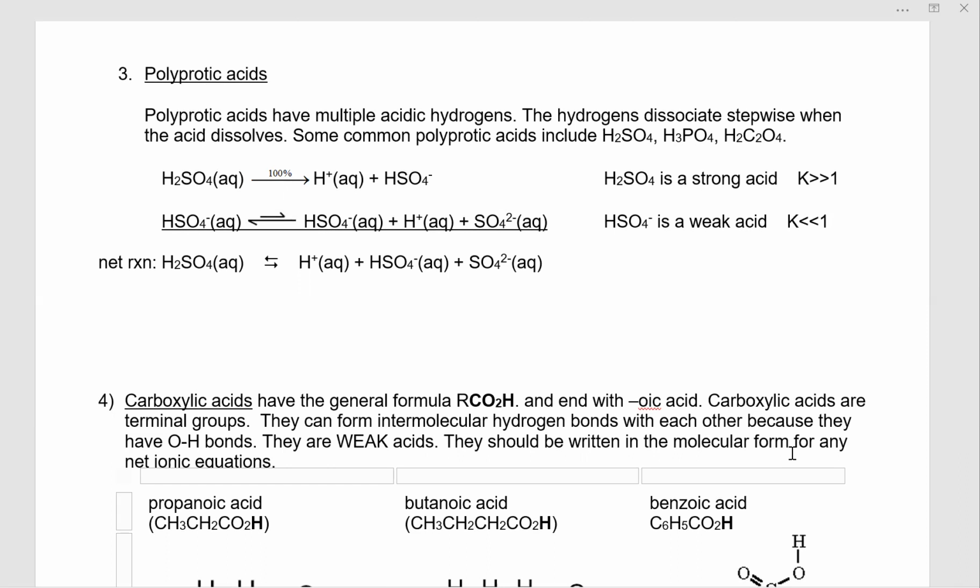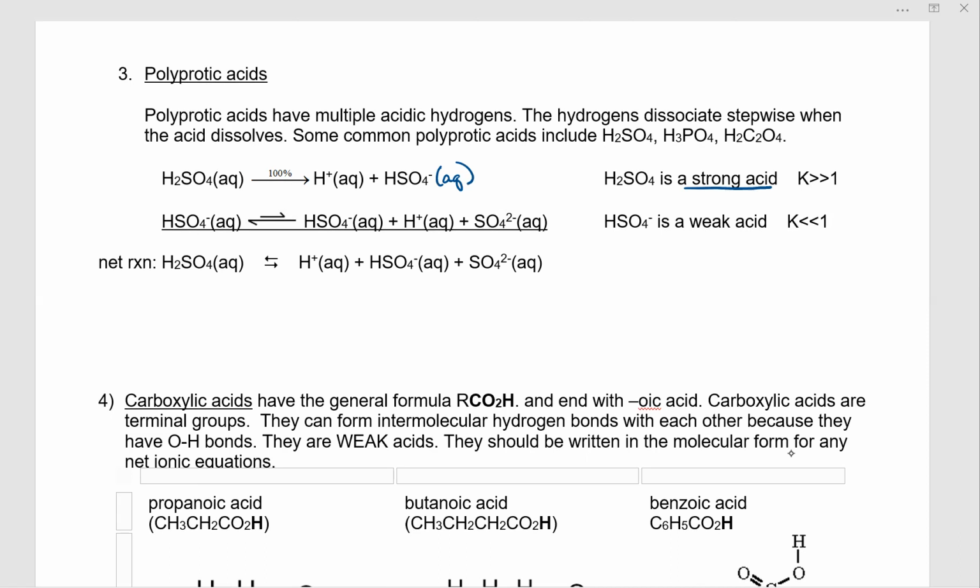We have sulfuric acid, and notice I've written that that is 100% because H2SO4 is a very strong acid. So it's going to dissociate completely to form the H+ aqueous and the HSO4-, and I should have included an aqueous after that. Now, in turn, the HSO4- can lose an additional proton.